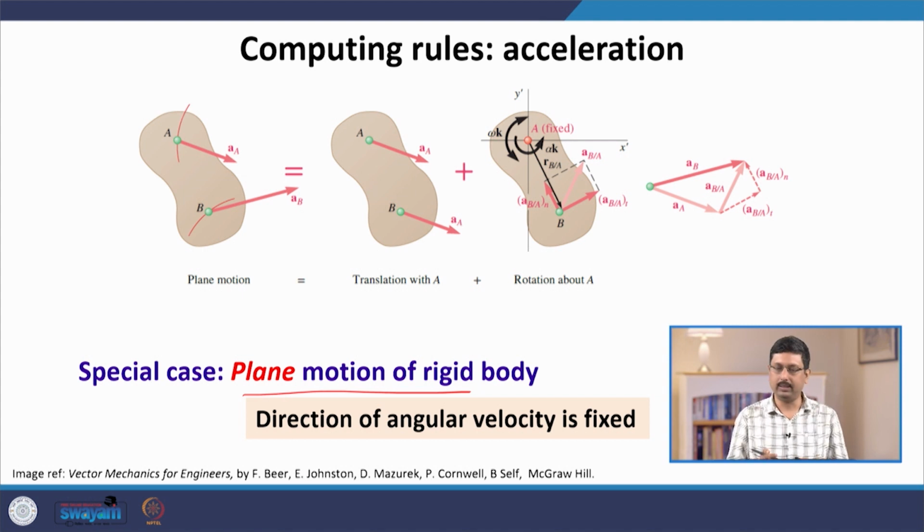For example, a sphere rolling down a plane is definitely accelerating. Again we choose a reference point A, which can be arbitrary, and our strategy is that this motion is a translation of the point A and a rotation about A.